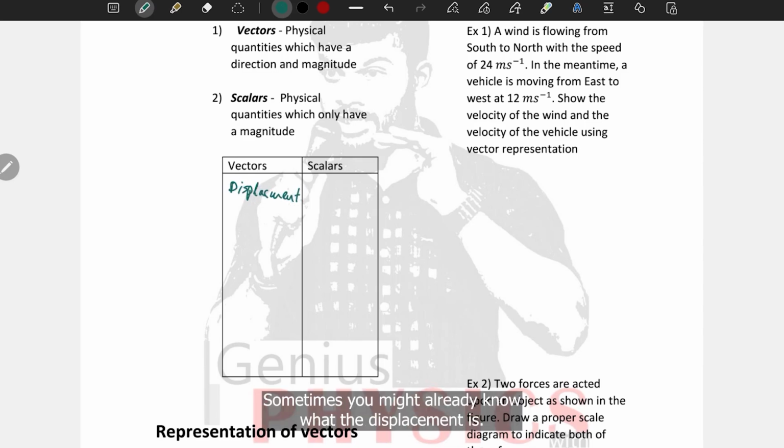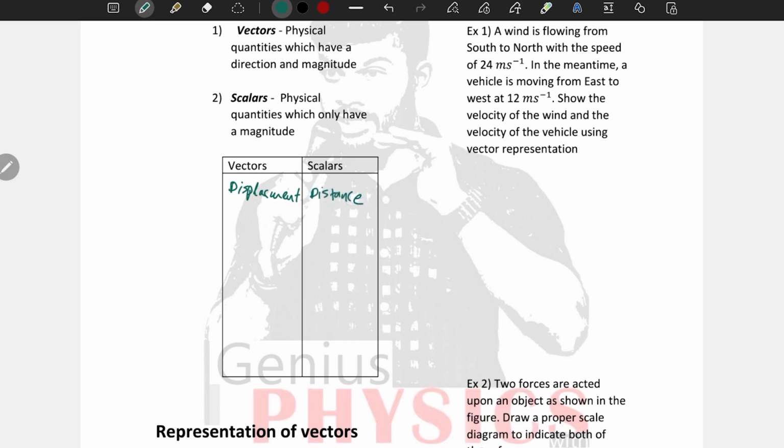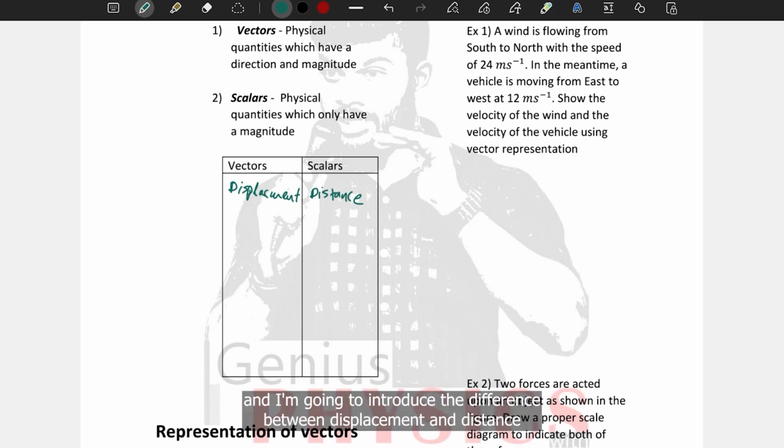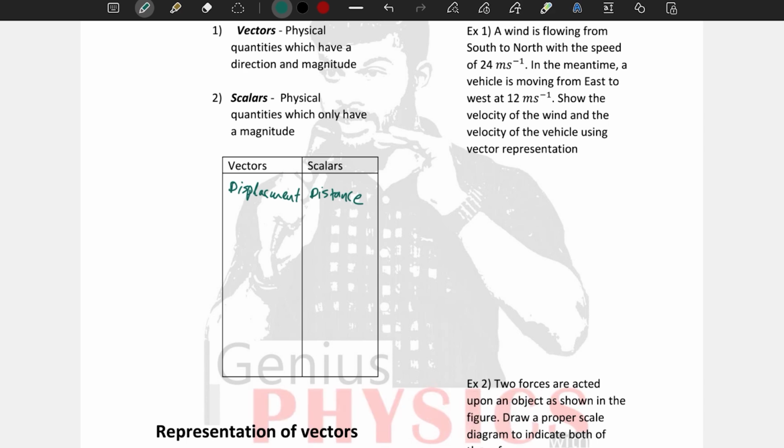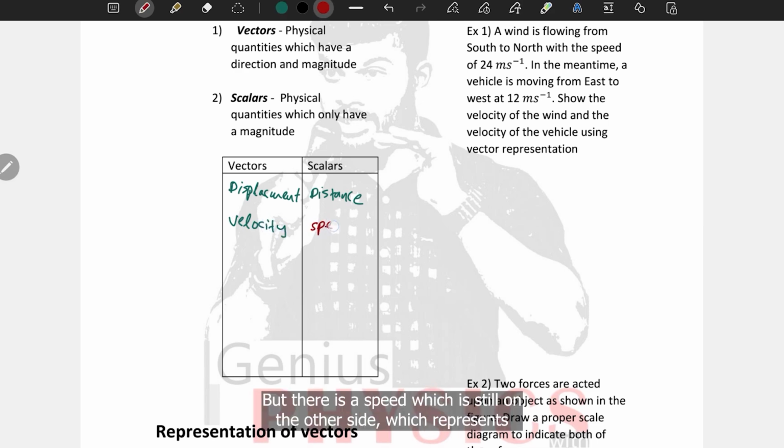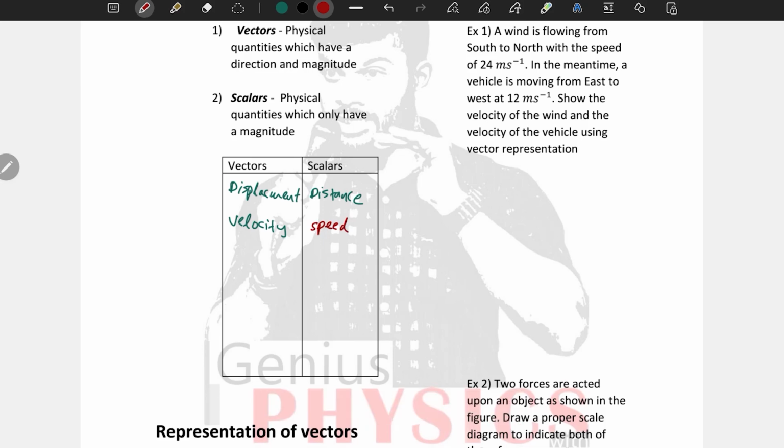Sometimes you might already know what displacement is. The corresponding scalar is distance. If you don't really know the difference between displacement and distance, don't worry, I'm going to explain it later. In kinematics, we will meet this lesson again, and I'm going to introduce the difference between displacement and distance. And the second vector quantity is velocity, and velocity's brother is speed, which is there on the other side, which represents the scalar part of velocity.